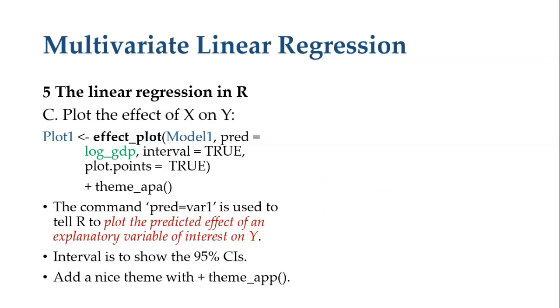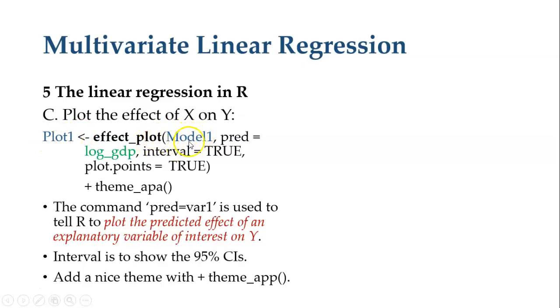Okay, another thing that I want to teach you is how to plot the effect of x and y. So how do we expect that y is going to behave according to the effect of x? And we use this function, effect plot, from the package, I guess is the name. And as usual, you create a new object called plot.